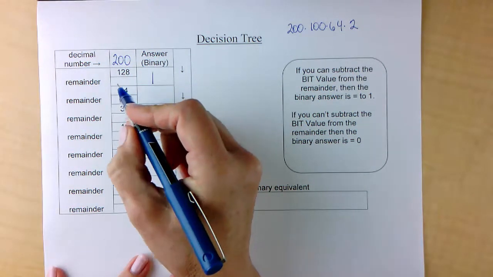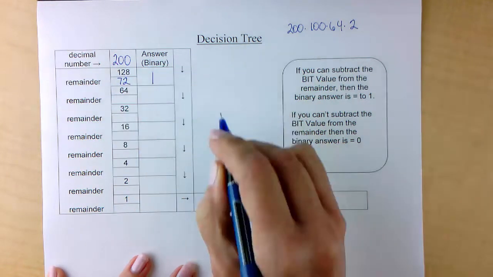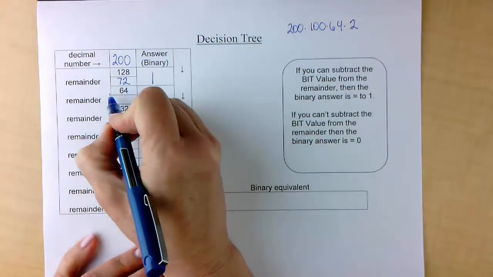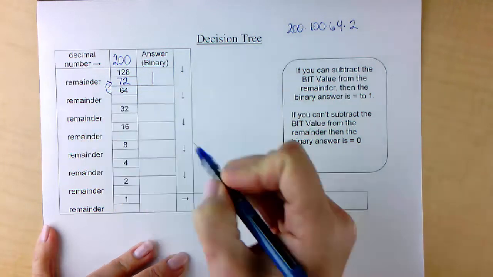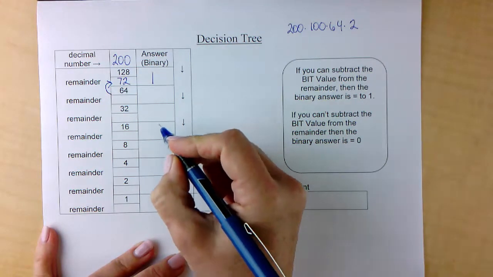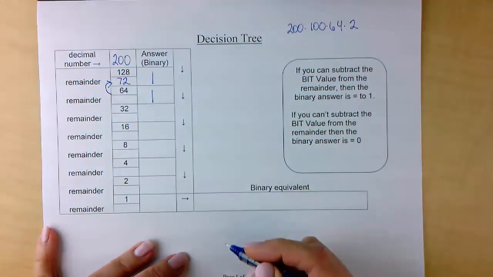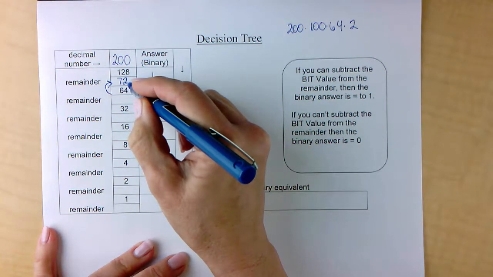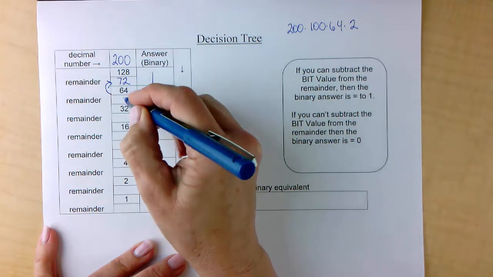128 from 200 equals 72. 72 is my remainder. The next thing I do is I ask myself, can 64 be subtracted from 72? The answer is yes. So I know that this binary is on. So 64 from 72 is going to equal 8.